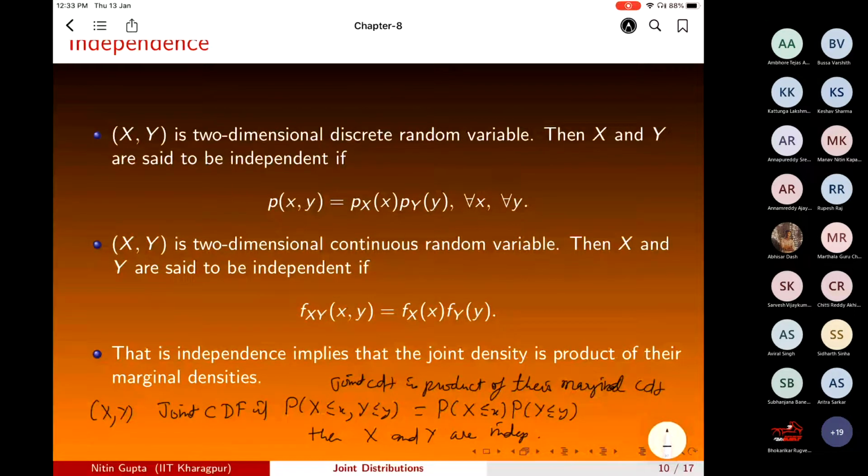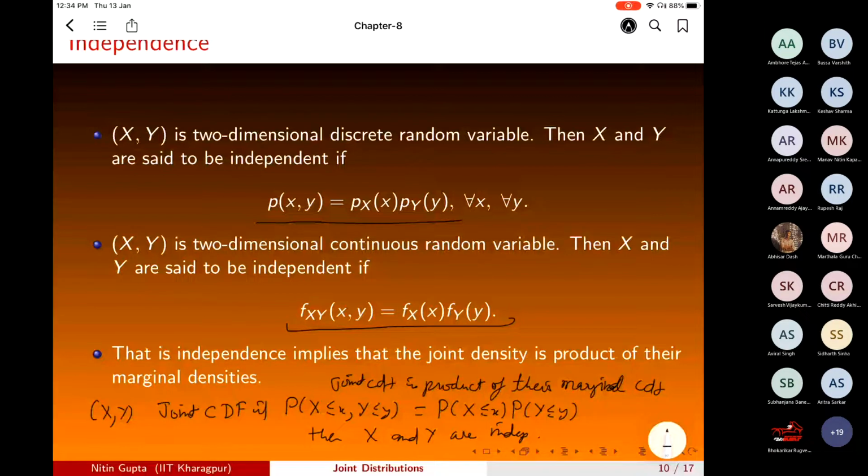So using that, you can easily find out by taking the double derivative that the joint probability density function is the product of their marginal density functions. And similarly for the discrete case, the joint probability mass function is the product of their marginal probability mass functions.